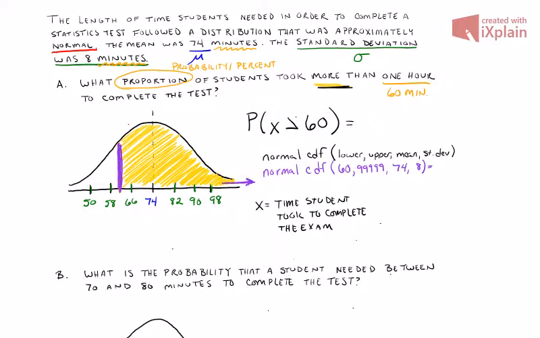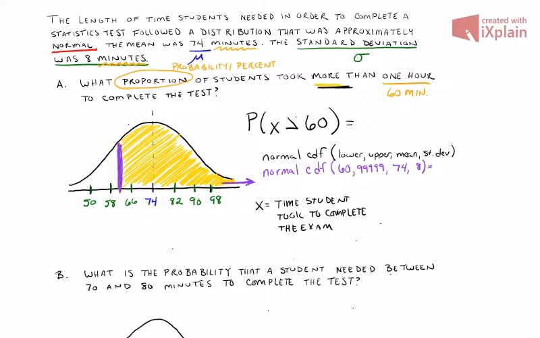So bear with me for a moment. Just to reiterate, have your calculator in front of you. I'm about to talk through the process. I'm going to do second and vars, and then I'm going to be taken to a new screen where I'm going to select option 2, which is normal CDF. That's going to bring everything back to my home screen, or in some cases you will be taken to the list where you will enter in the parameters.